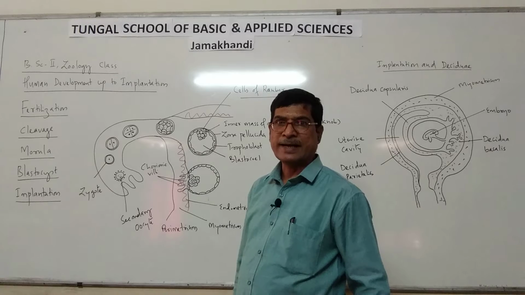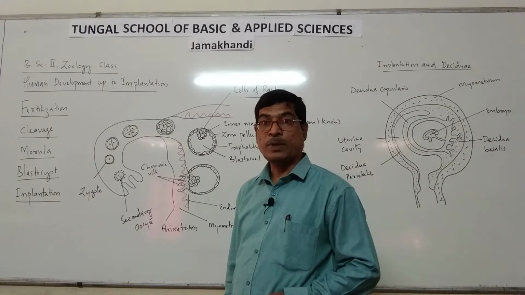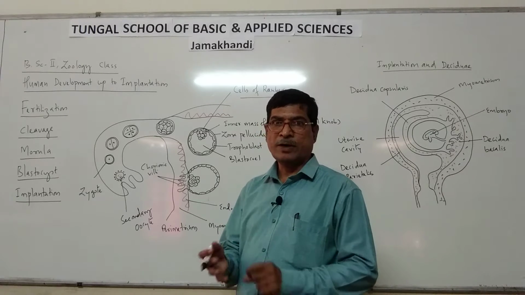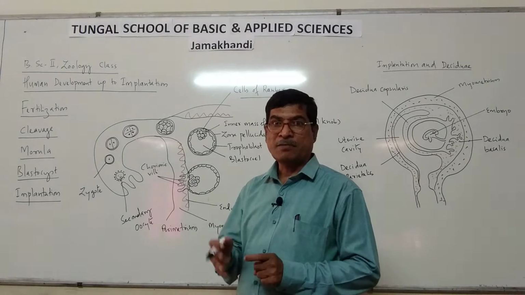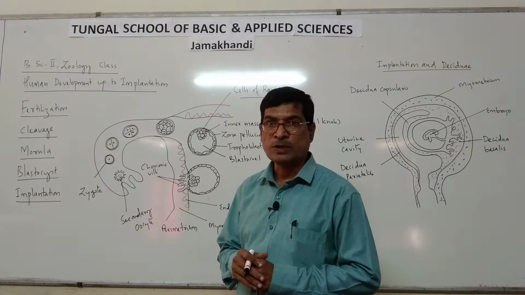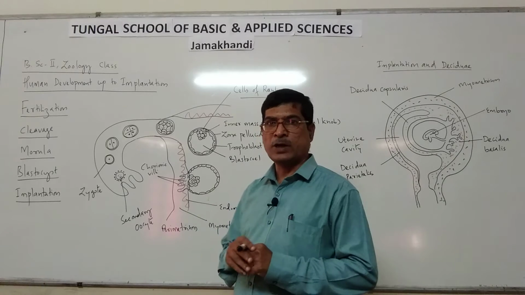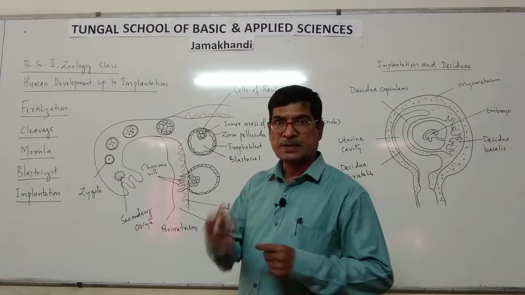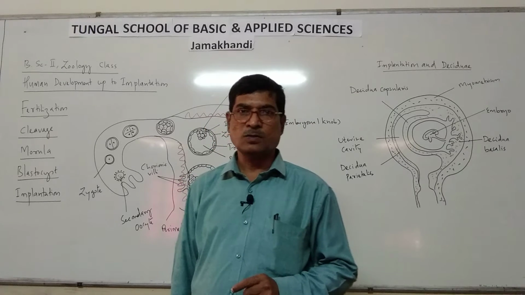It is in the secondary oocyte stage, which means it has not yet completed its second meiotic division. In the second meiotic division, at metaphase 2, its growth is stopped. At that time only, the ovum is released from the ovary. That release of the ovum from the ovary is called ovulation.